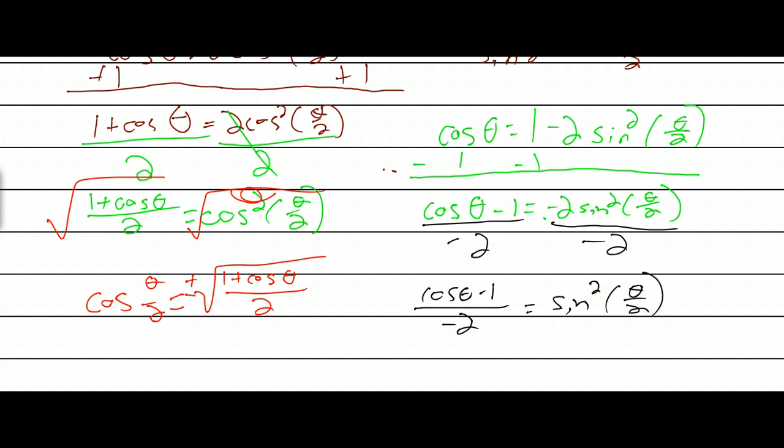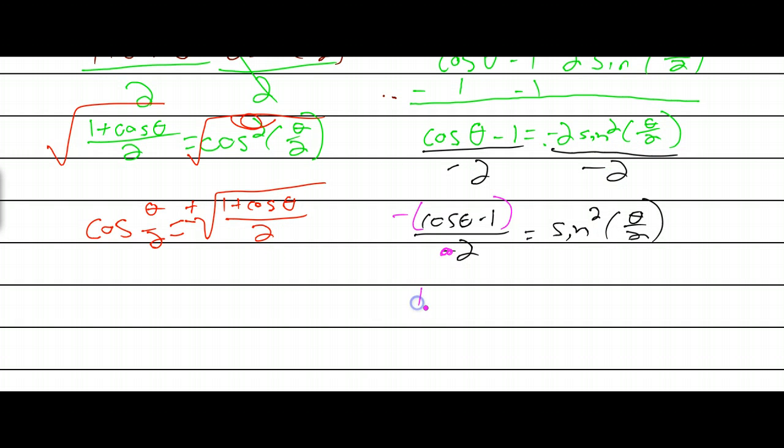Just like we don't want negatives in the bottom, we take the negative to the top. So we multiply this by a negative, and all we're going to do is just flip it. So this becomes 1 minus cosine theta over 2 is equal to sine squared theta over 2.